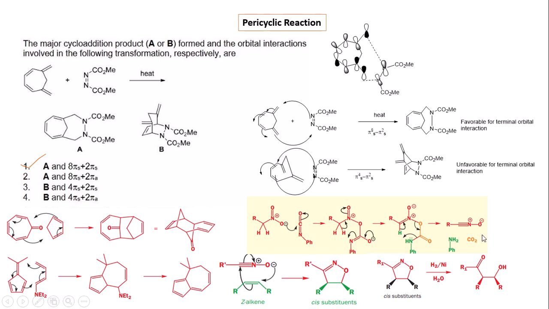Here some interesting examples have been taken from the Clayden book, where the nitro compound reacts with the phenyl isocyanate derivative to give the dipolar cycloaddition precursor, which can add to the alkene in the same manner and produce the cycloaddition product. And these examples come up several times in the NET examinations.